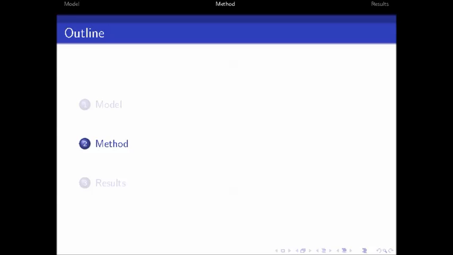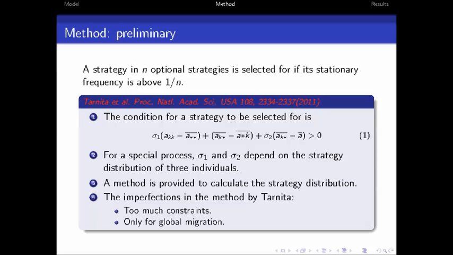Let's go on with section 2, the method. A strategy is selected for if its stationary frequency is above 1/n. Tarnita derived a simple and beautiful condition for a strategy to be selected for in the limit of weak selection.